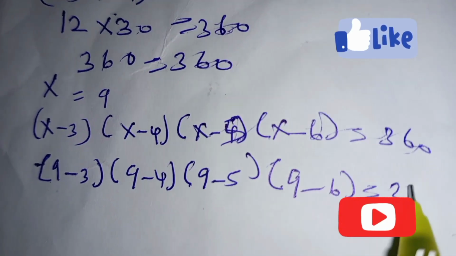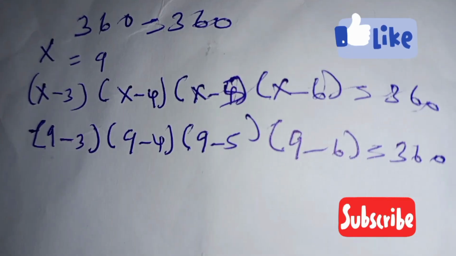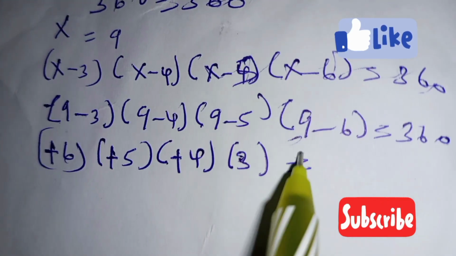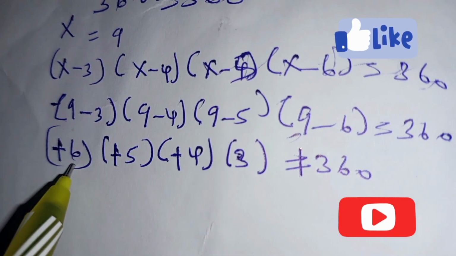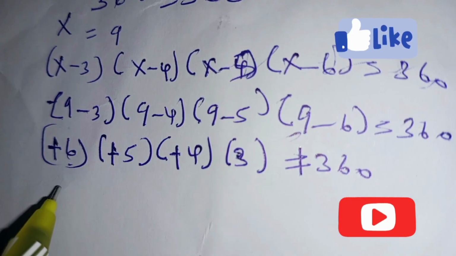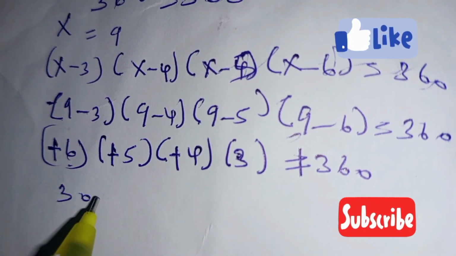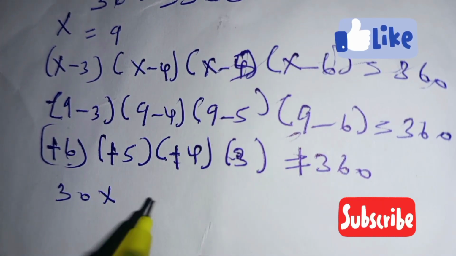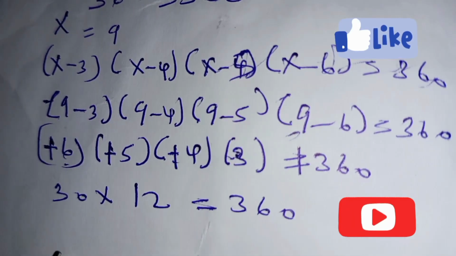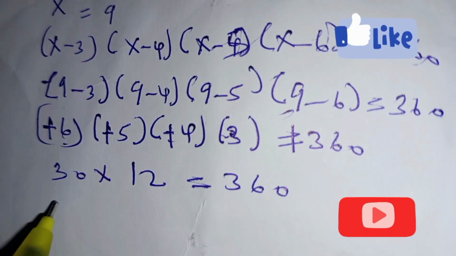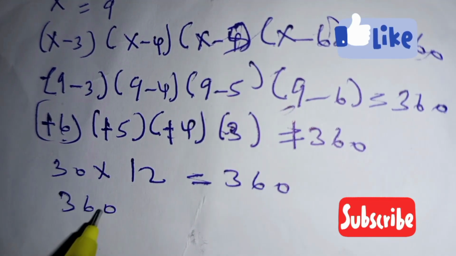Is this equal to 360? 6 times 5 is 30, times 4 times 3 is 12. So 30 times 12 is 360.